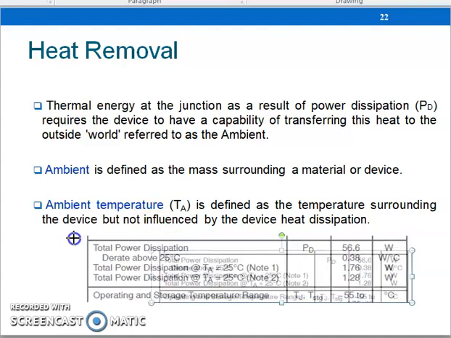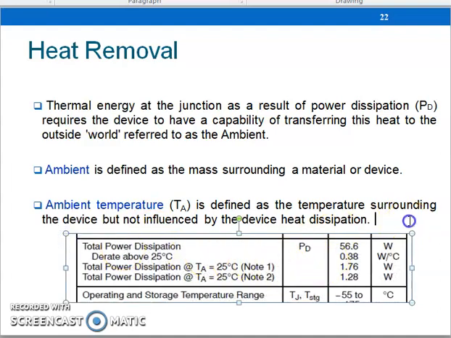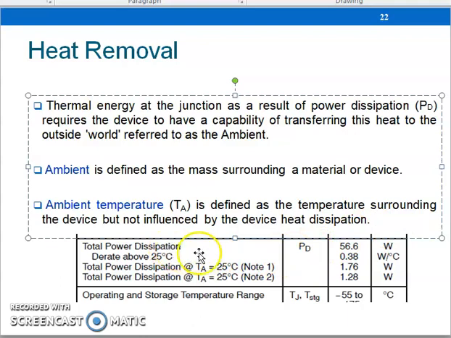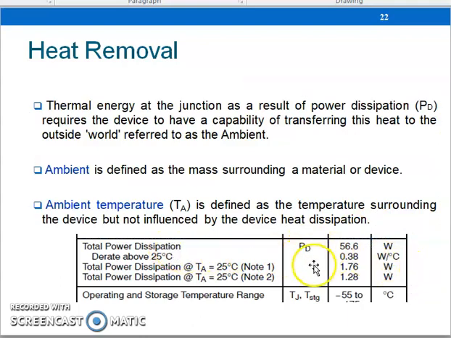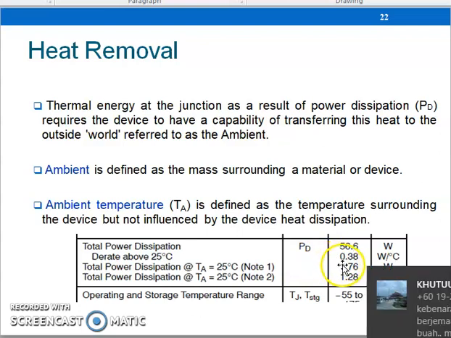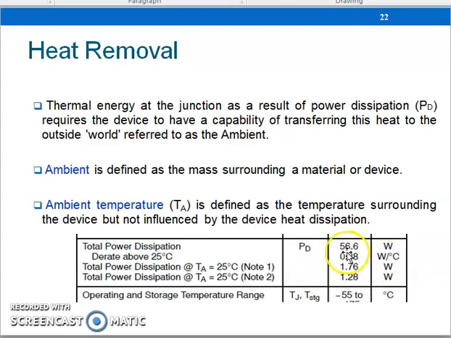In certain datasheets, we have how much the device can maximally dissipate. This is PD. We have the table here from each datasheet showing how much the device can withstand. For this device, it can withstand up to 55.6 watt. This is not the processing power of the device, but the capability of the device to dissipate heat.